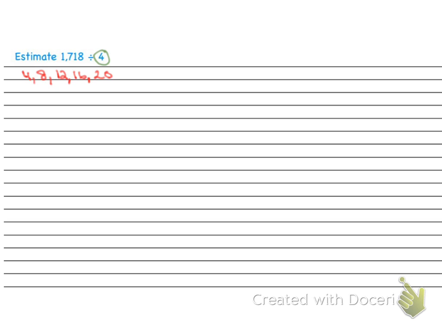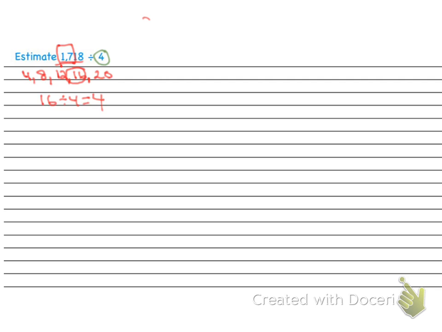If I look at just the 17 part, I can find a number that goes really close to 17. It'd be 16. So I could go 16 divided by 4, and we know that's 4. But we don't really have 16.